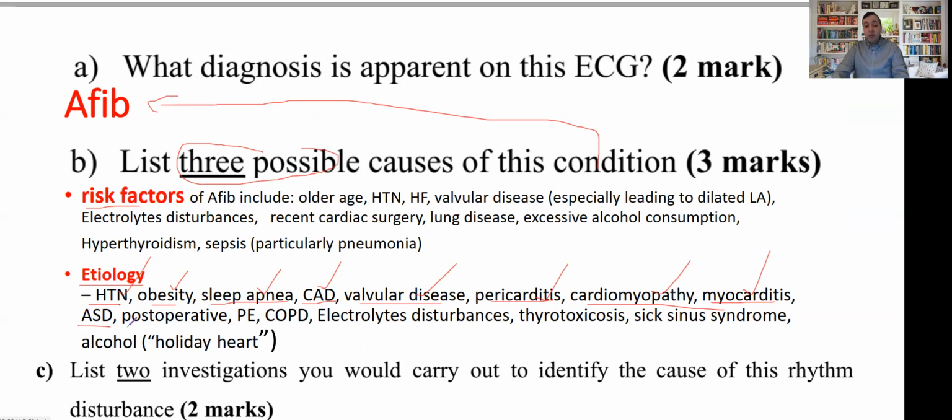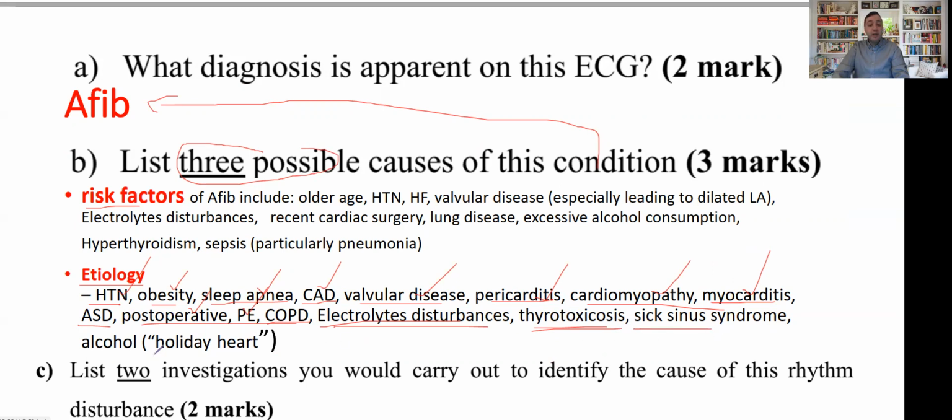ASD, which is related to cardiovascular. Post-operative, sometimes PE, pulmonary embolism, COPD, chronic obstructive pulmonary disease, electrolyte disturbances. This is very important, like potassium, magnesium, and calcium changes. Thyrotoxicosis is one of the most important as well.